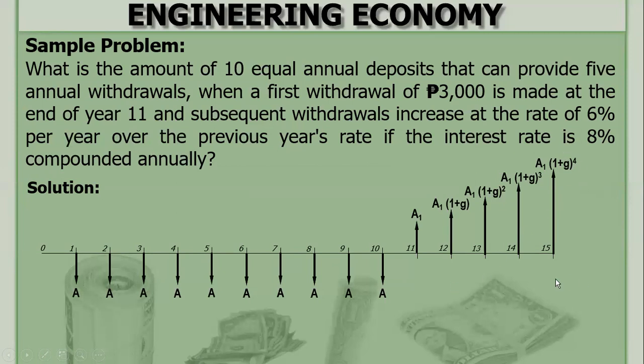Now, our I is 8%, our A1 is 3,000, and our G is 6%. So, how are we going to solve for A?